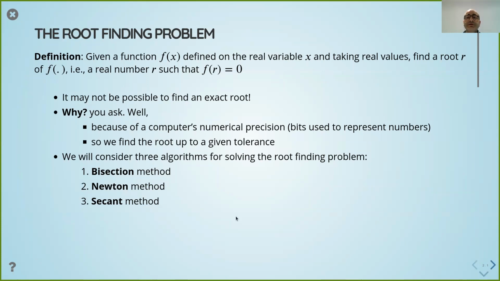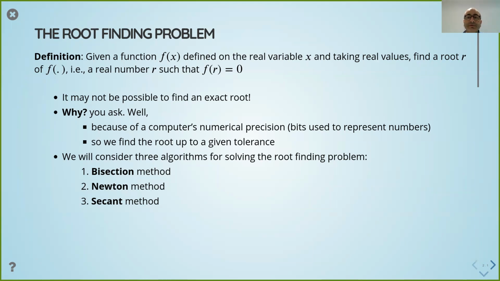Also, the numerical computation may itself be some kind of iterative procedure, and at some point we may actually have to stop. I mean, we could be improving our estimate as we keep going, but at some point we need to be able to do this using a finite number of operations. So since it is a numerical computation-based approach, we will have to stop, and we may end up with an approximation to the root instead of finding the root exactly.